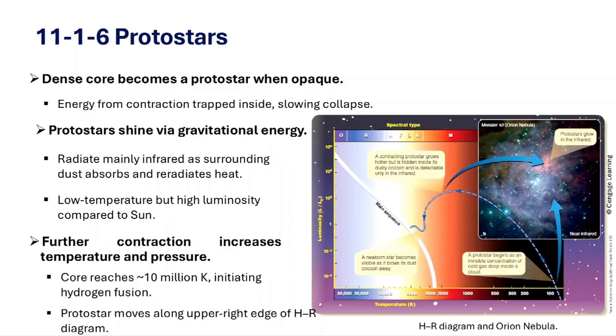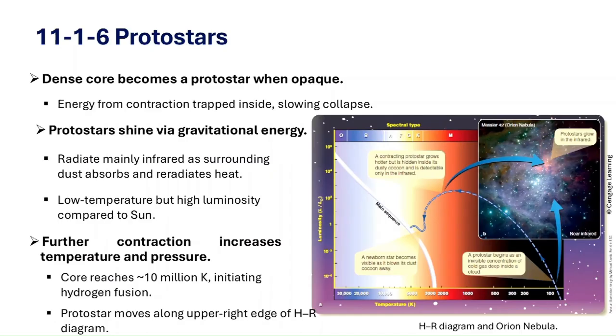Now here on the chart diagram, you can see this evolution. The dashed arrow shows how a protostar is cool and bright in the upper right, then moves down and left as it contracts and heats up, and finally settling onto the main sequence. So here panel A on the left shows the protostar's journey on the chart diagram, starting cold and dim deep inside the cloud, then heating up until fusion begins.